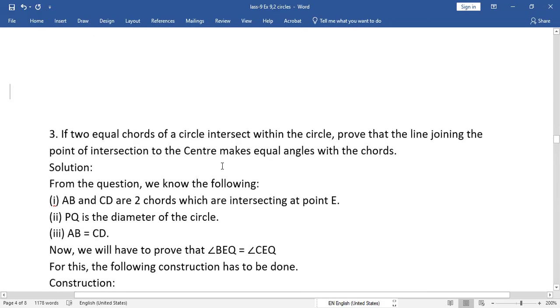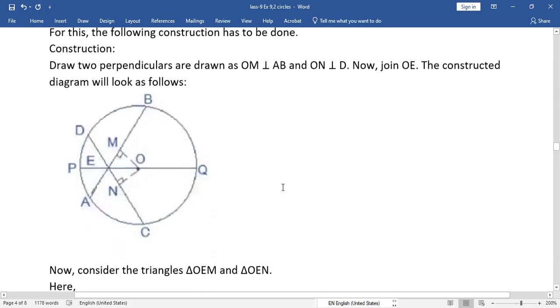If two equal chords of a circle intersect within the circle, prove that the line joining the point of intersection to the center makes equal angles with the chords.